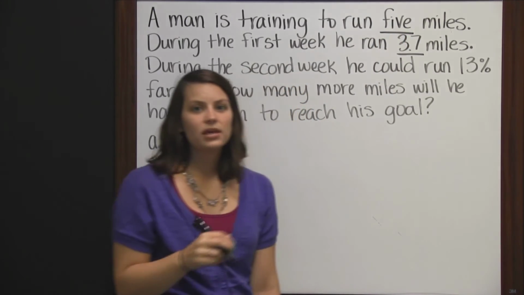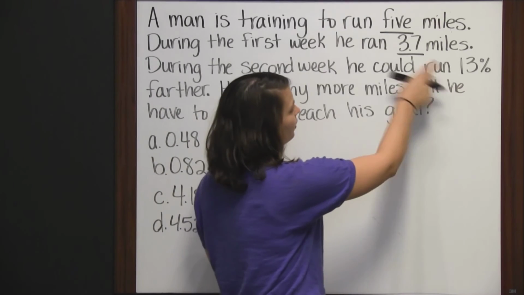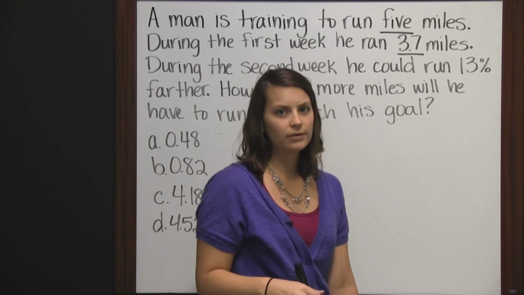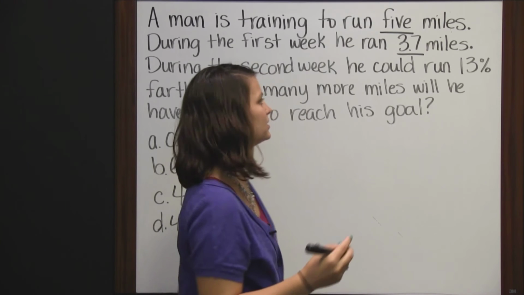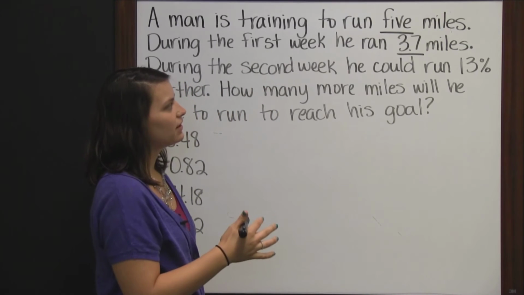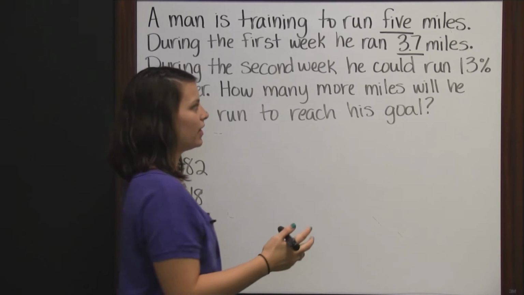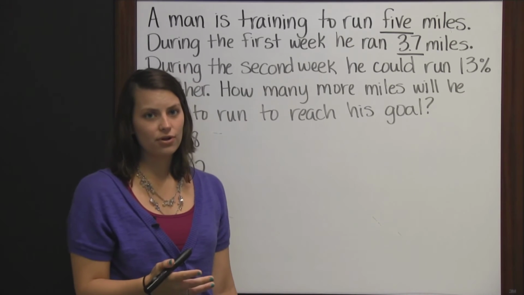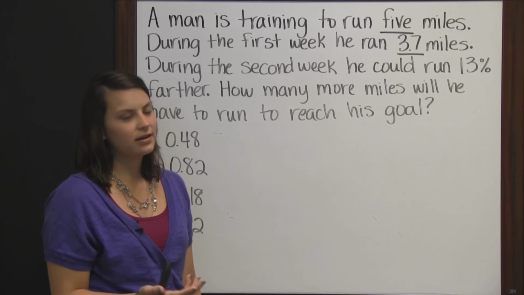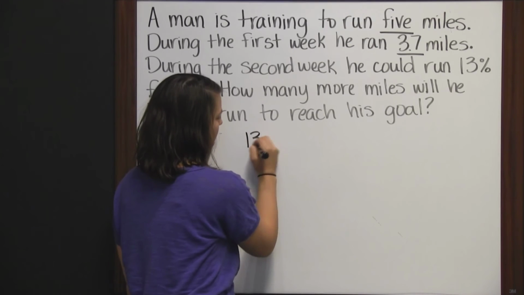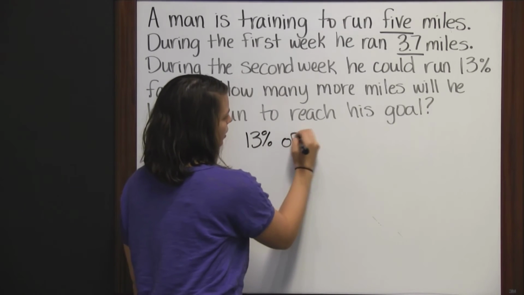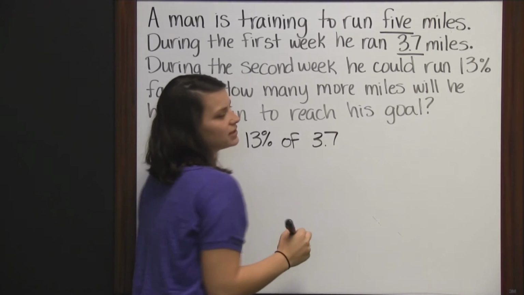In the second week, he could run 13% further than the week before. So let's figure out what that is. He could run the 3 7/10 miles and then even 13% more than that. So first we have to figure out what 13% of 3 7/10 miles is.